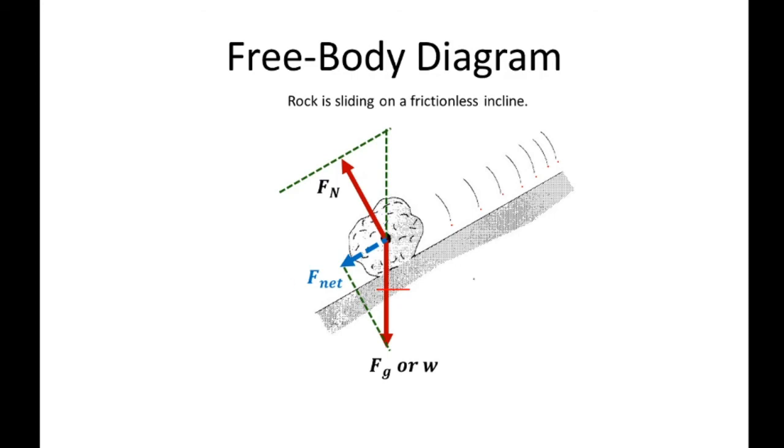If there is no surface at all, there is no normal force, then the object will accelerate at 9.8 meters per second squared. That is if there is no surface. But since there is a surface, your net force is less compared to the force of gravity.